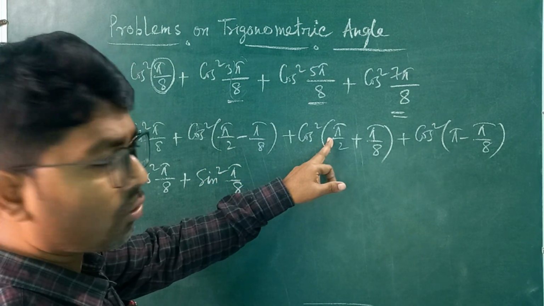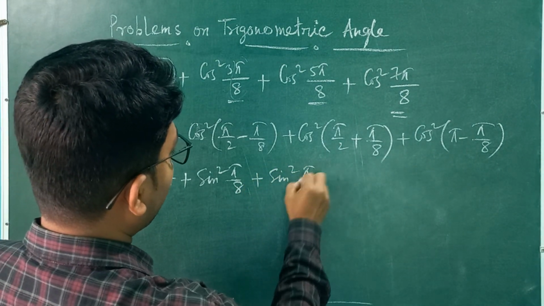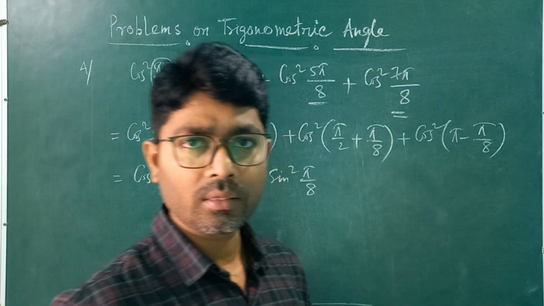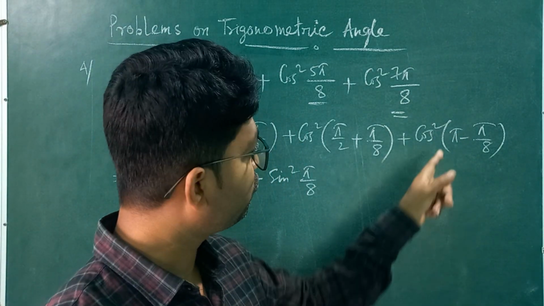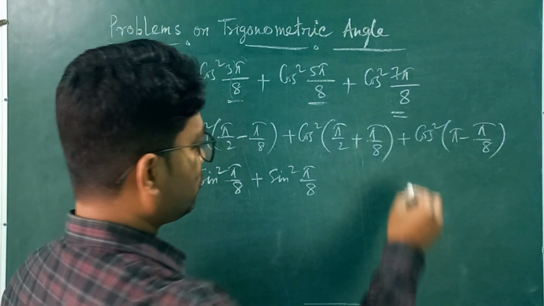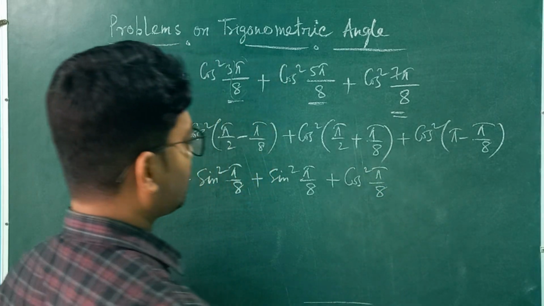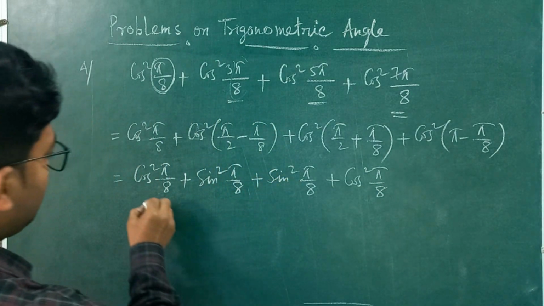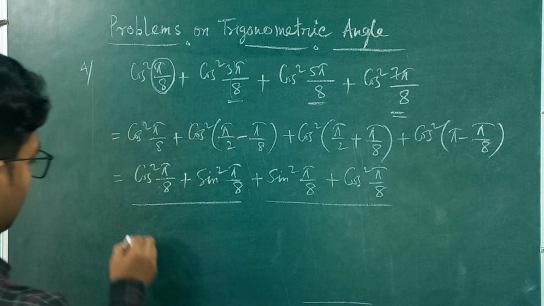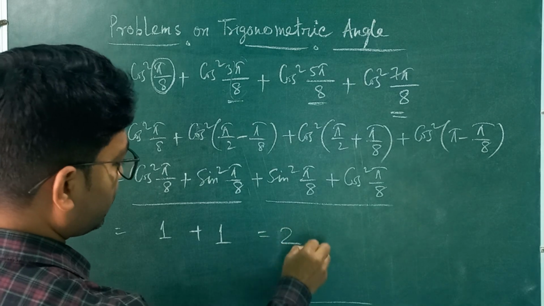This one is also an odd multiple of pi by 2, so this becomes sin square pi by 8. This one is pi, which means double of 90, that is 2 into pi by 2, so this is an even multiple of pi by 2, so cos square remains cos square pi by 8. Now see what happens. Cos square theta plus sin square theta plus sin square theta plus cos square theta: this is 1 and this one is also 1. Result is 2.